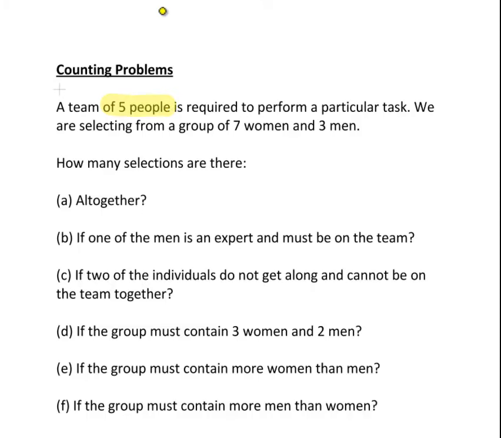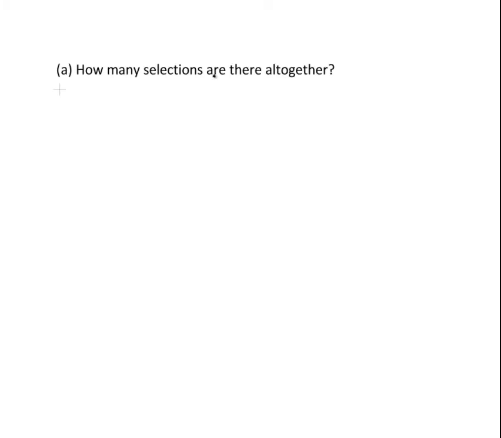We have 5 people that we have to choose, and we have a group of 10 people to choose from. That's an important detail. So how many selections are there altogether? This is where knowledge of binomial coefficients comes into play.